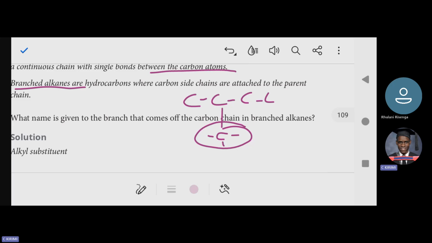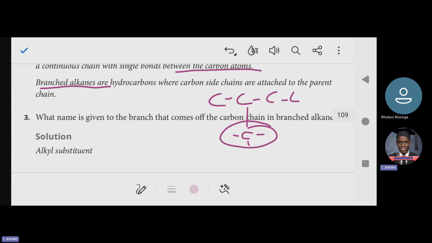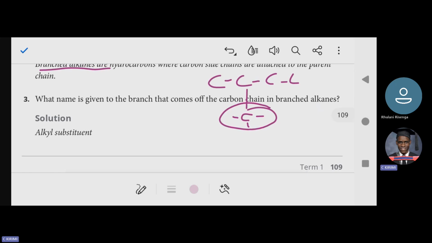Those side chains you are referring to, we call them substituents. And what type? Alkyl substituents, which means you can call it an ethyl if there are two carbons, a methyl, or a butyl substituent, depending on how many carbons there are. Is that clear?